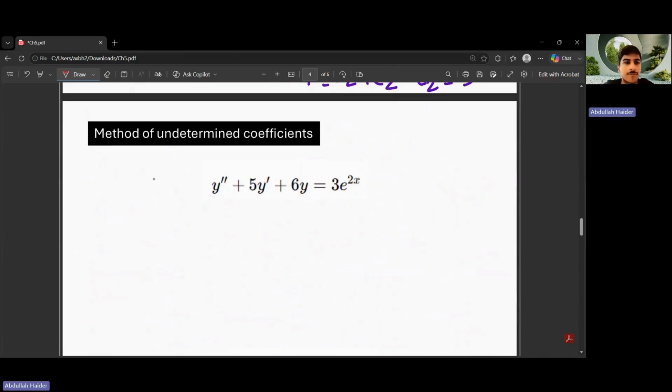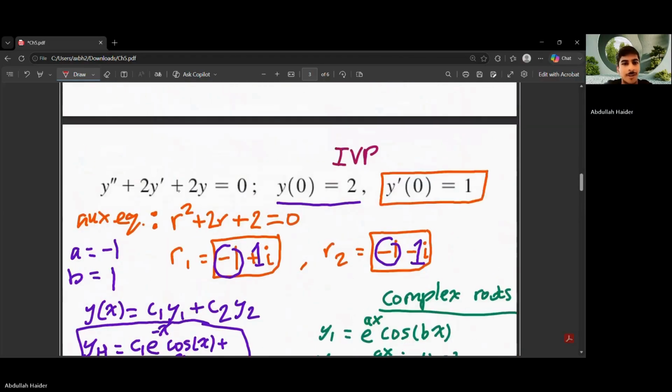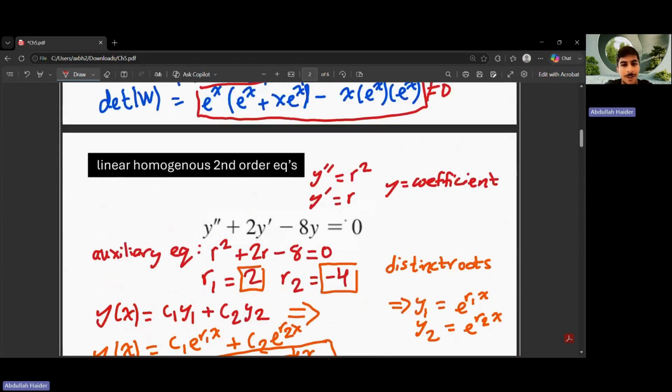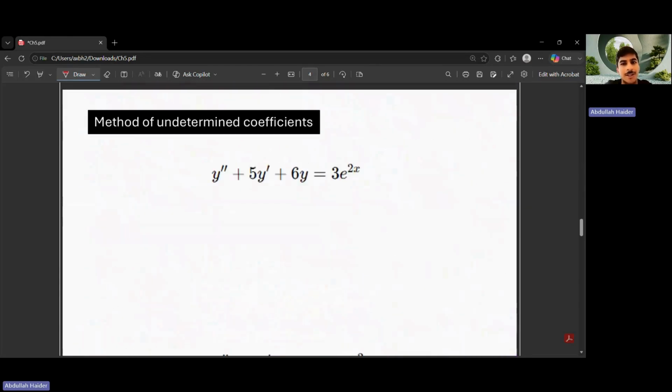So now we will solve the method of undetermined coefficients. In the questions above, we had a 0 on the right side each time, so these are homogeneous second order equations. But what if we get something which is not 0?